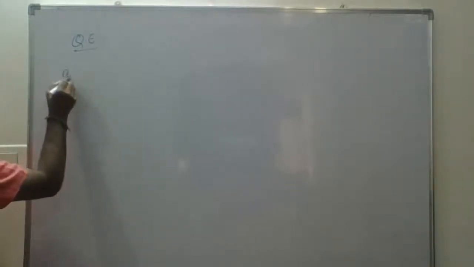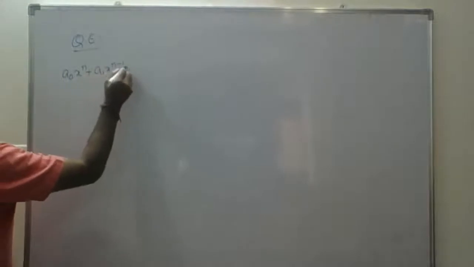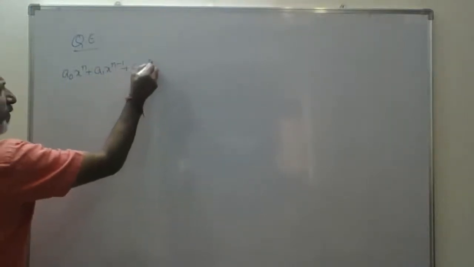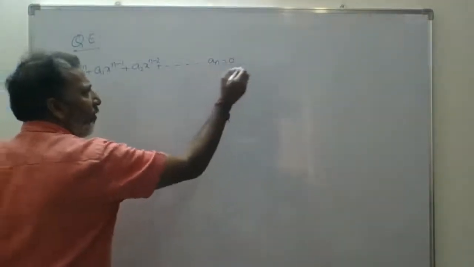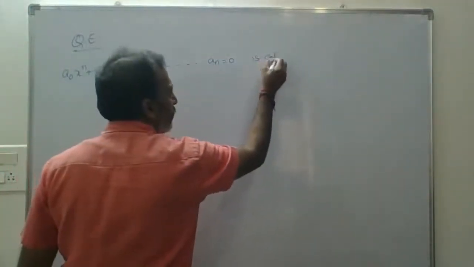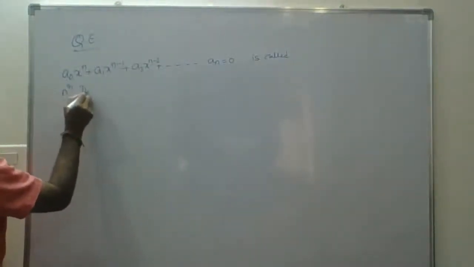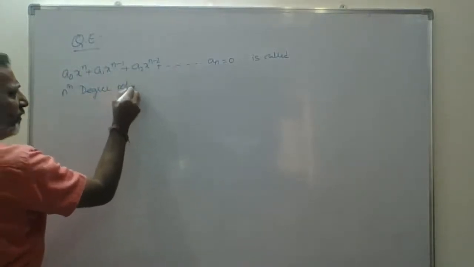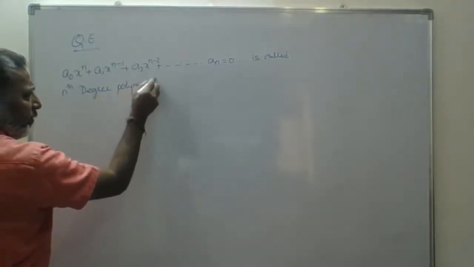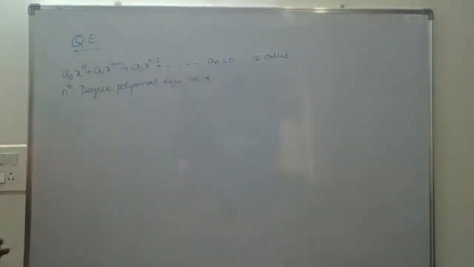See, a0 into x power n plus a1 into x power n minus 1 plus a2 into x power n minus 2 plus so on up to an is equal to 0 is called an nth degree polynomial equation in x.